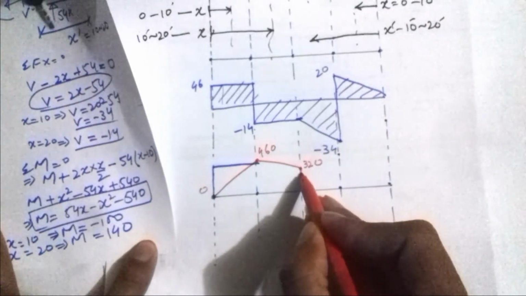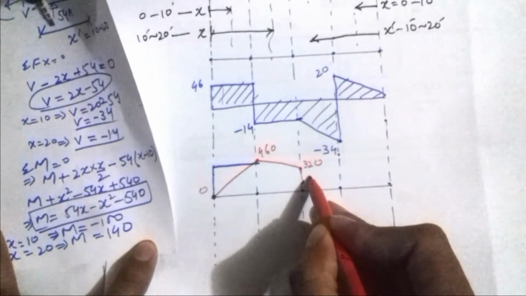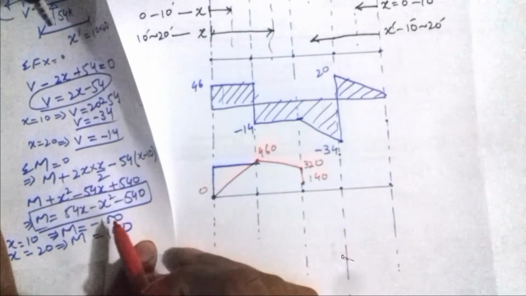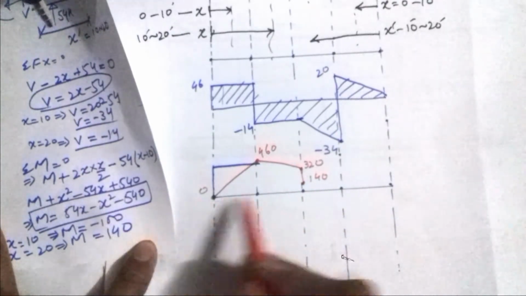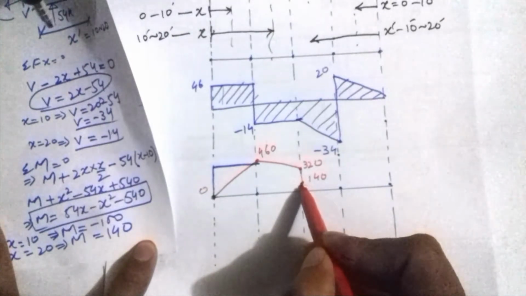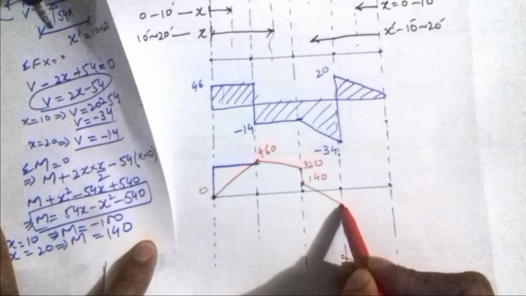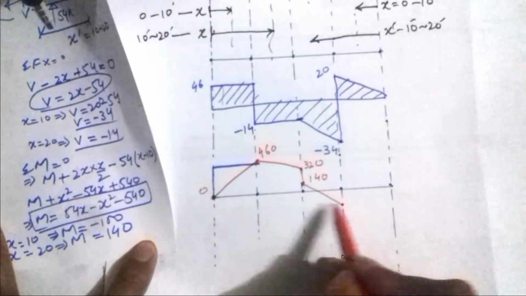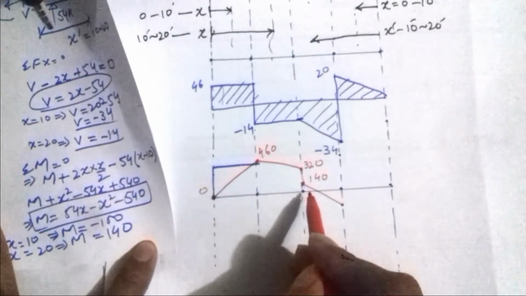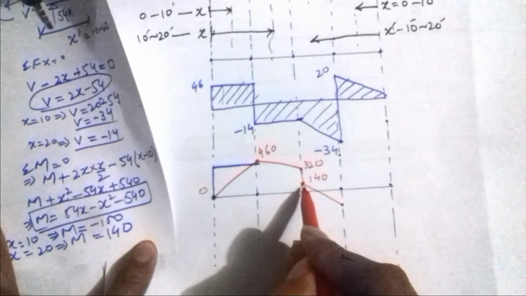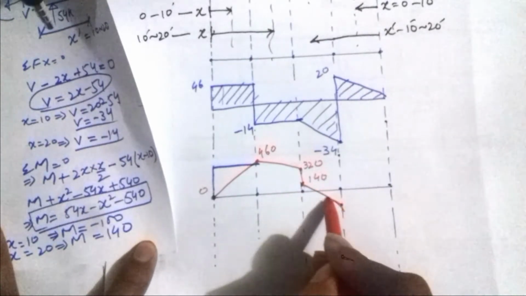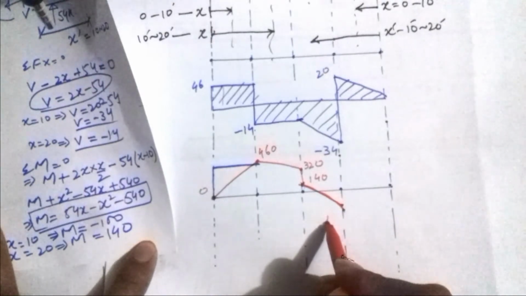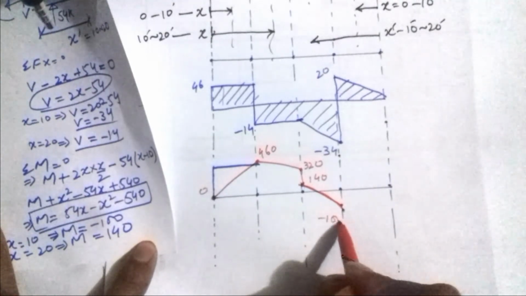So for 20 we have to move downward to 140, and when x is 10 it is minus 100, which means I have to move downward here. But this will not be a straight line because it is a second degree equation, so it will be slightly curved. Here the value is minus 100.